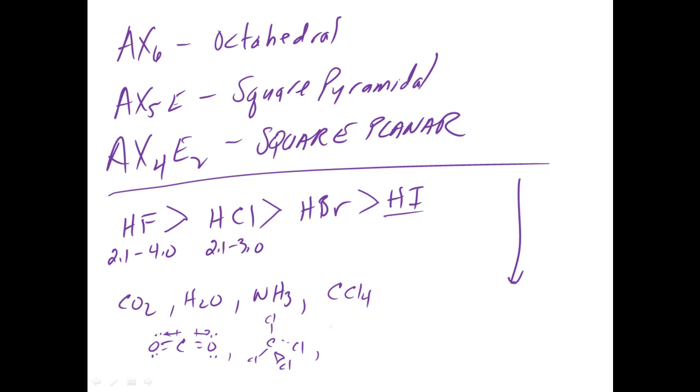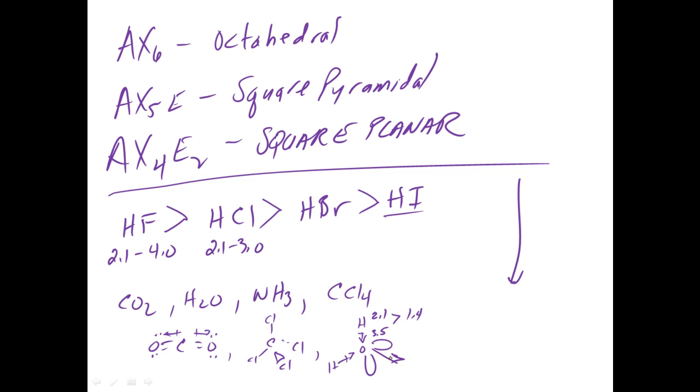So then we're evaluating H2O and NH3, and H2O looks like this with a lone pair coming out here and a lone pair going back through here like that. The electronegativity is 2.1 for hydrogen and 3.5 for oxygen, for a difference of 1.4. And so these are being pulled in this direction by the oxygen.